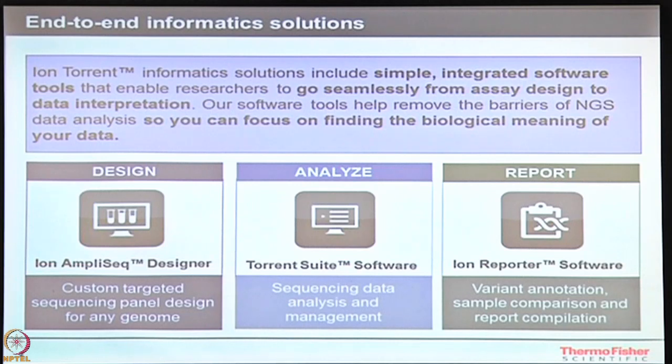That's the first part we look for, that is the design. So you are targeting particular regions for particular variants. Now, why are we going to target those particular regions?